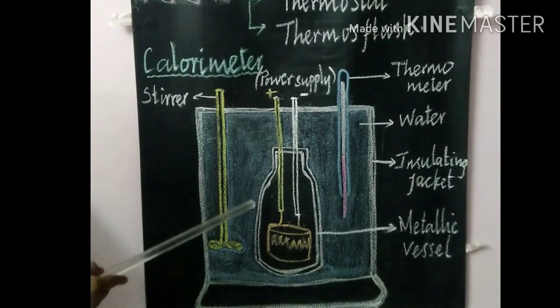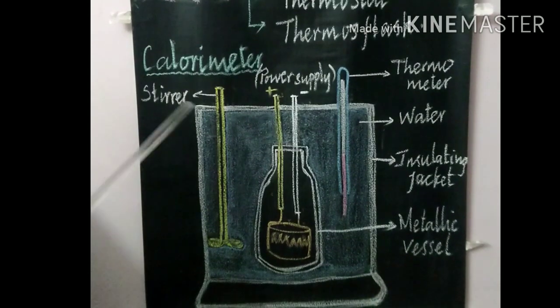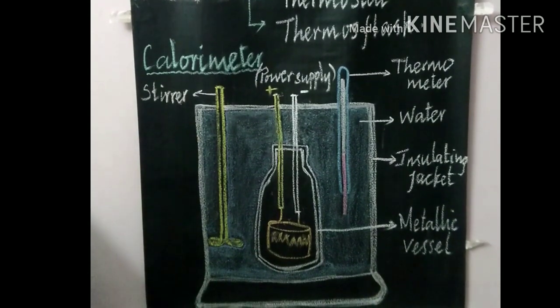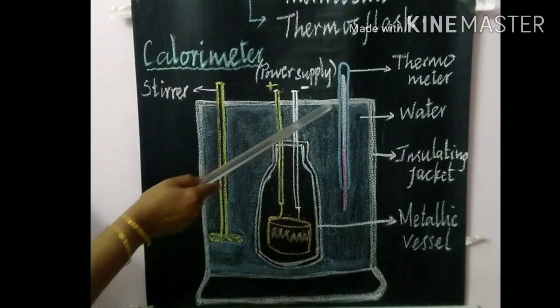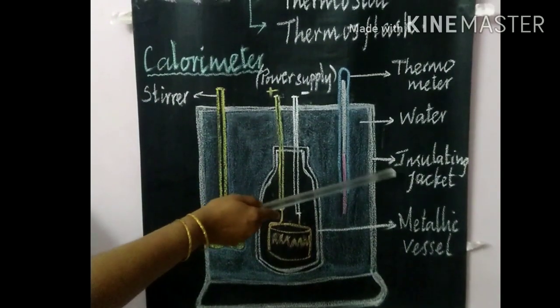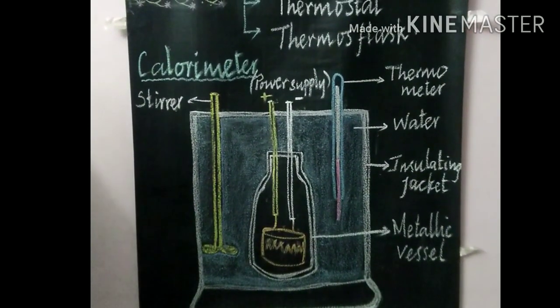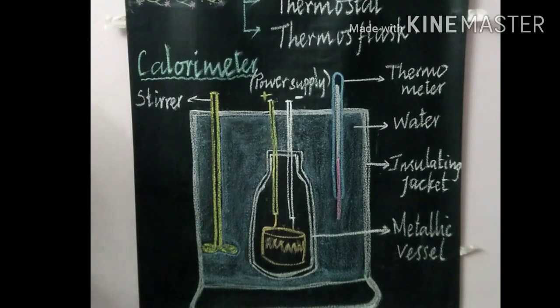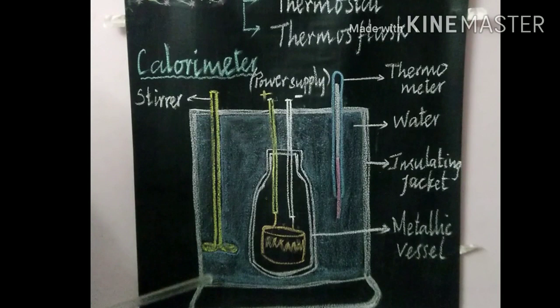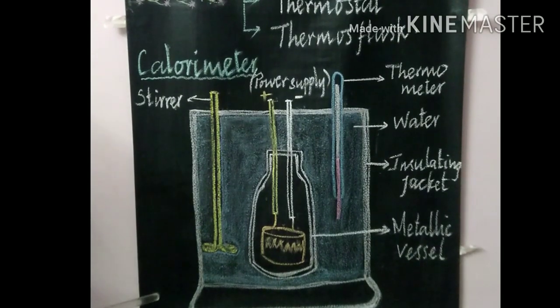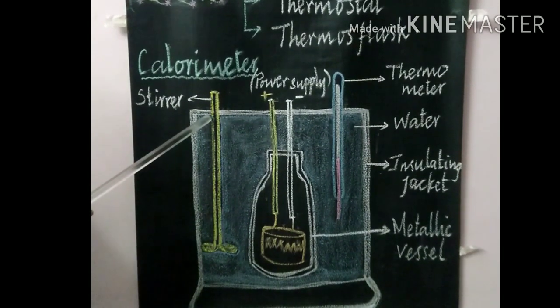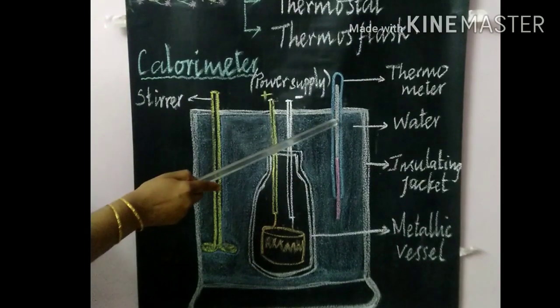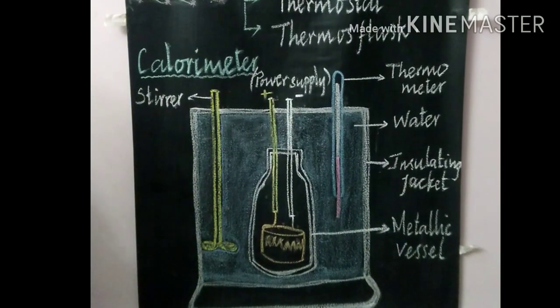And this metallic vessel is kept in a jacket, a wooden jacket. See, this is an insulating jacket. Why is this insulating jacket here? It is used to prevent heat loss to the environment. There are two holes in the wooden box.